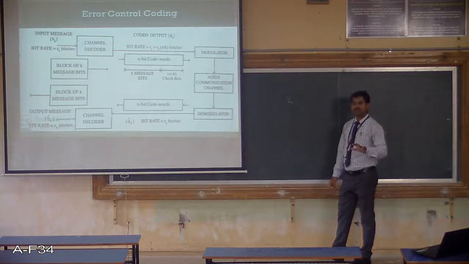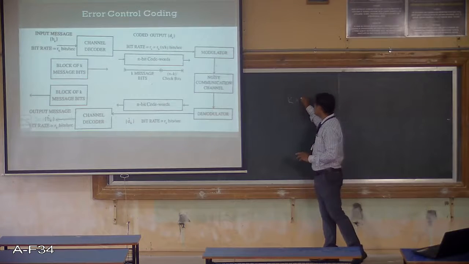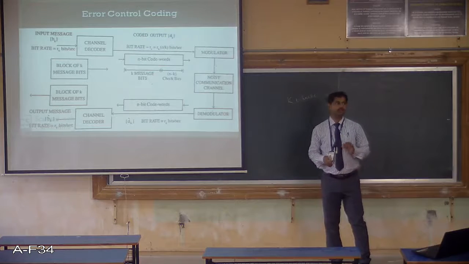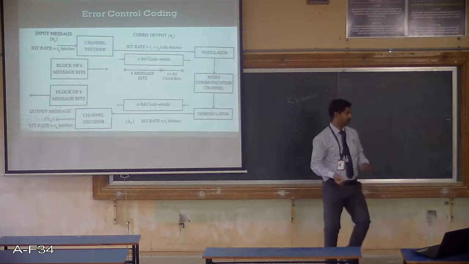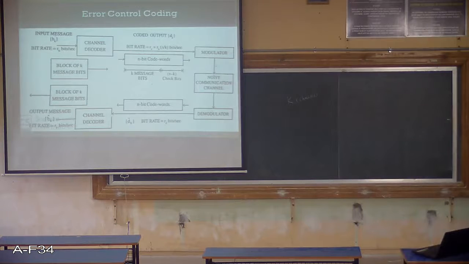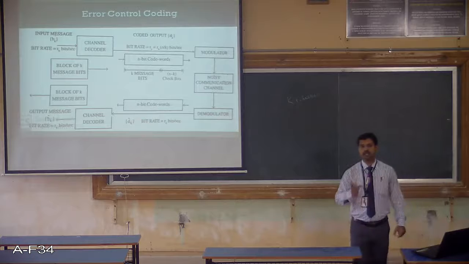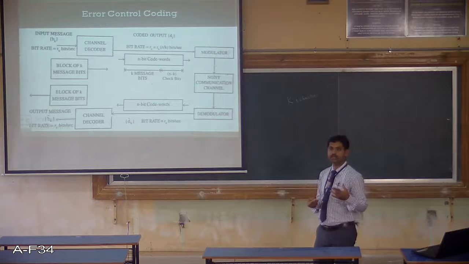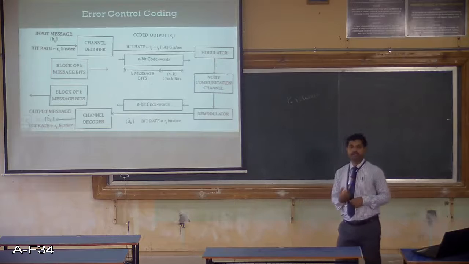For the existing K bits, it will add some additional bits. We'll see the characteristics of check bits, how to form them, and what kind of check bits we need to use in order to effectively detect the errors.